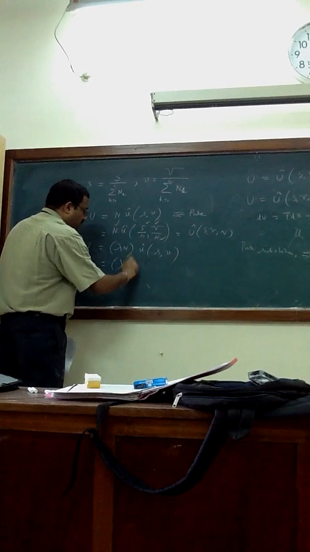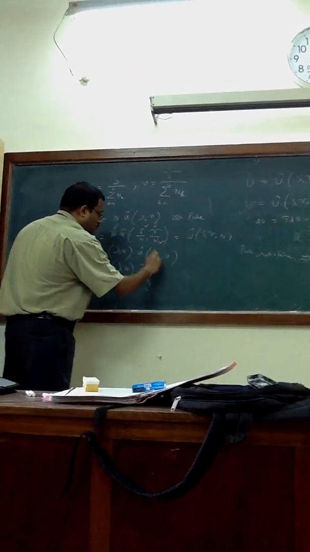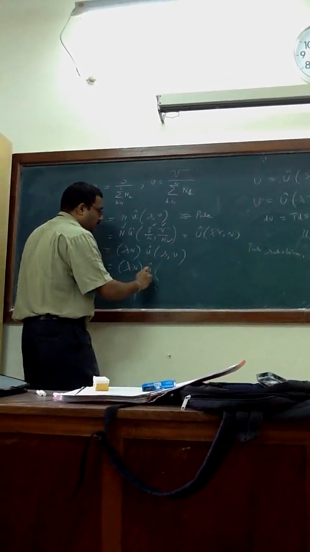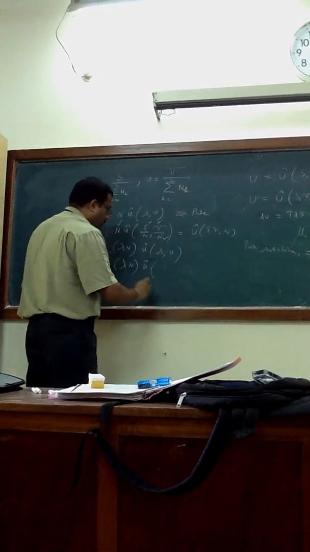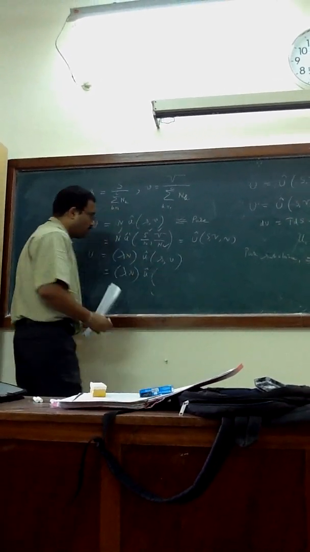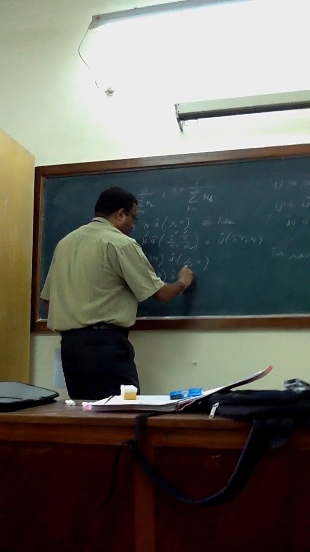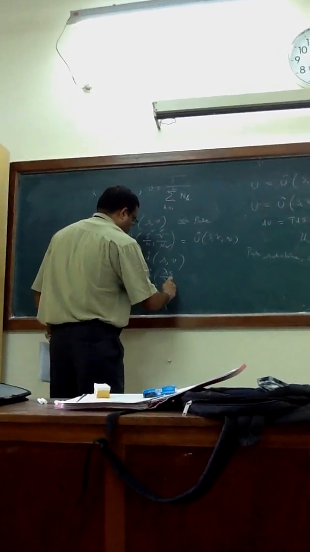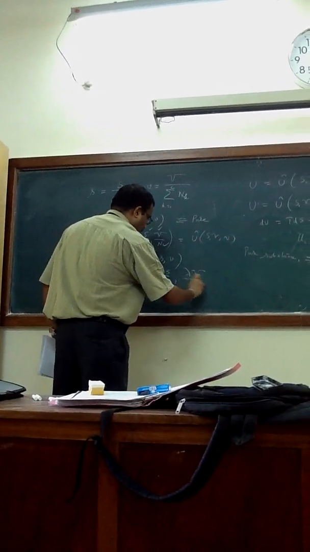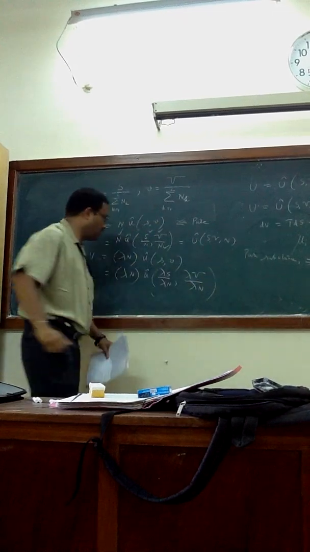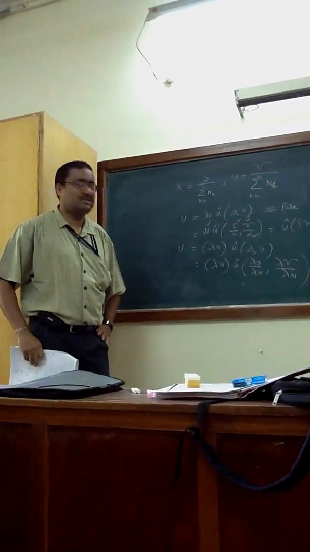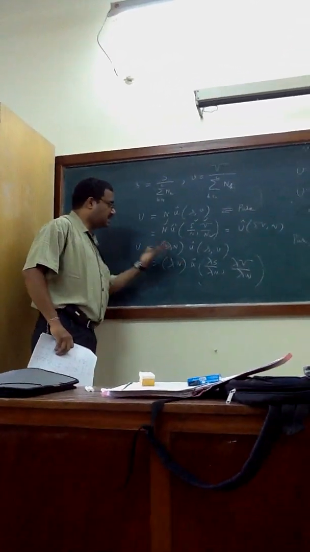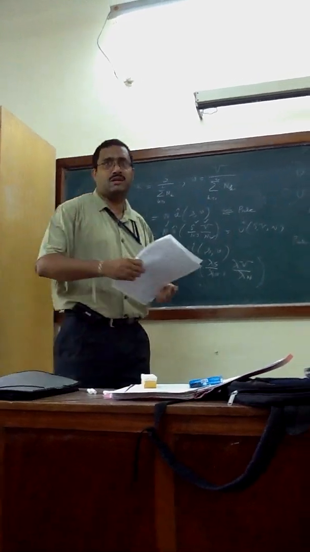Then lambda N you had. So if you write S, that means what? Right? And you can see that we have actually done the same kind of thing earlier, right?